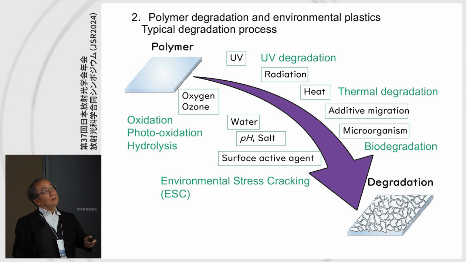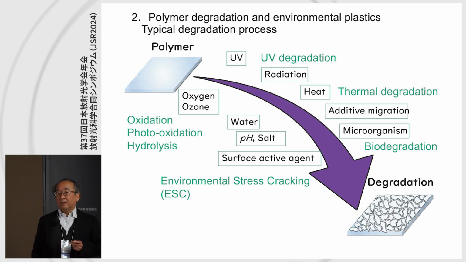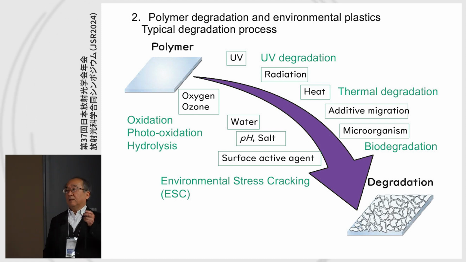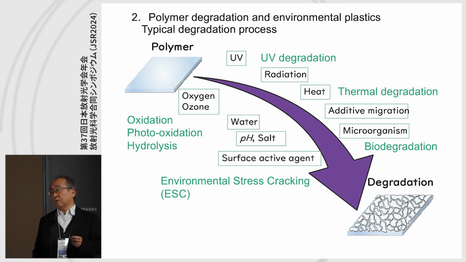Polymers can be degraded by UV, sunshine, and also heating. And some polymers, like biodegradable polymers, can be digested by microorganisms. In this case, biodegradation is defined as 100% conversion to CO2 and water.